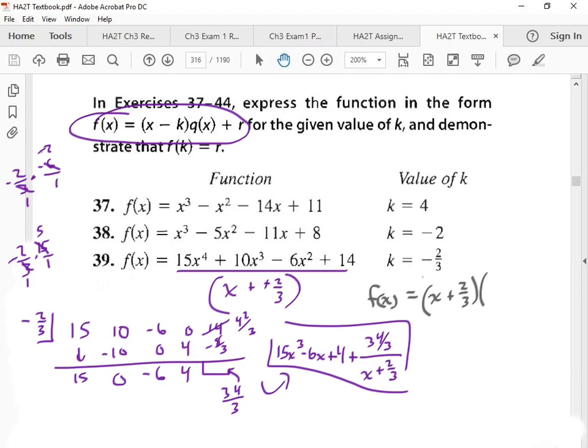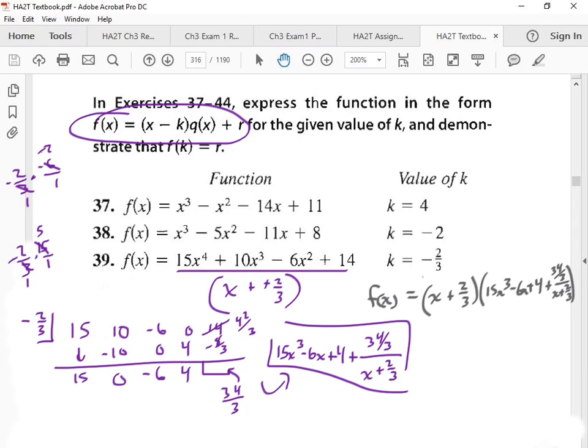Now, I'm going to include the remainder inside of it. Watch. Okay, so 15x to the third minus 6x plus 4. And then I write plus 34 over 3 over x plus 2 over 3. Oh, man. That looks crazy.